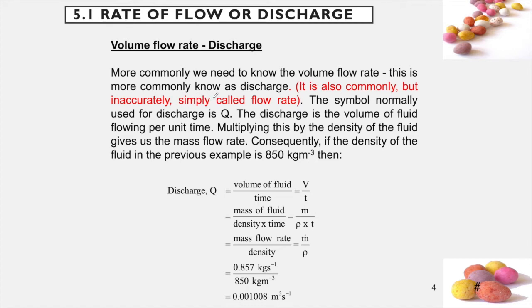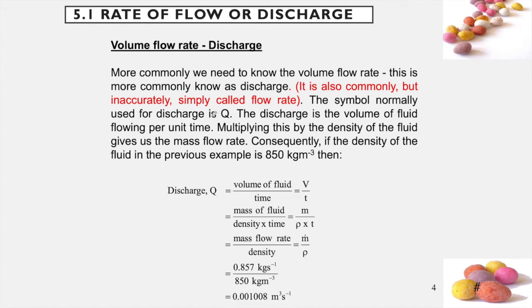When the question asks you to calculate discharge, that question asks you to find the volume flow rate. It is also commonly, though inaccurately, simply called flow rate. If the question asks you for flow rate, then it is also asking you to find the discharge of the flow.